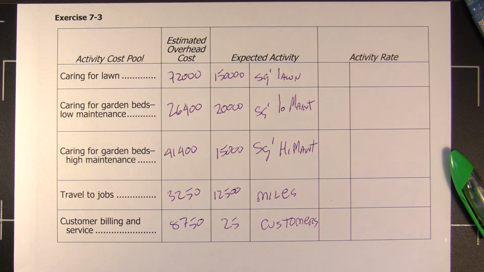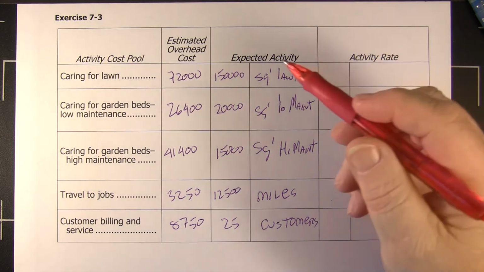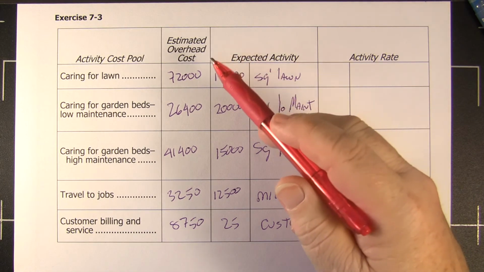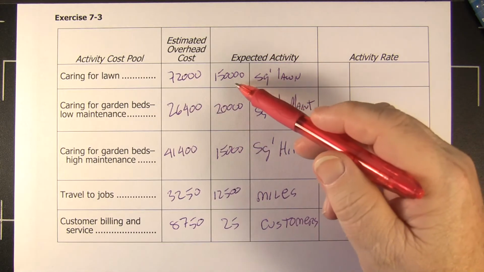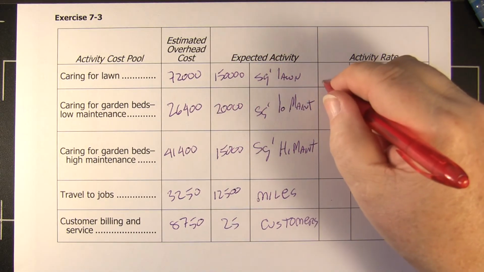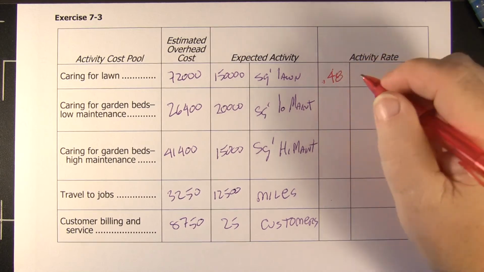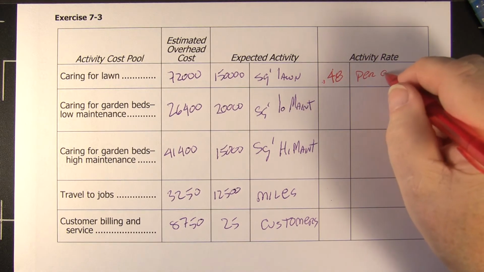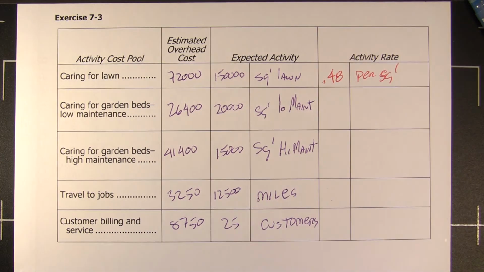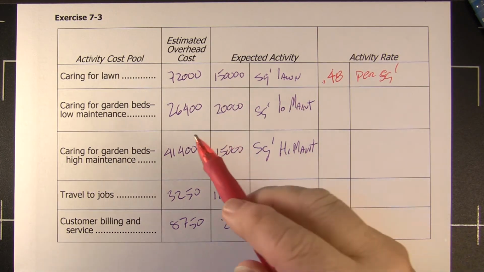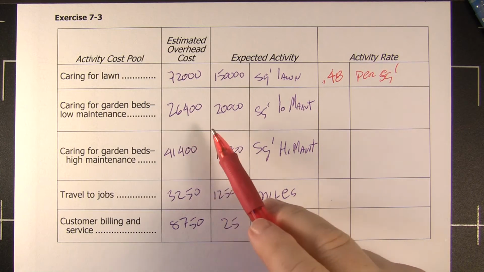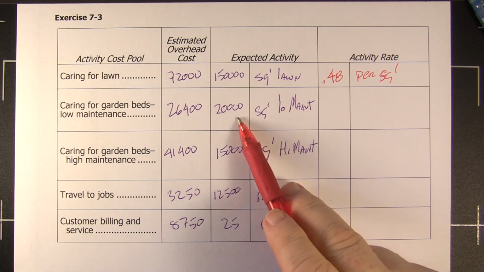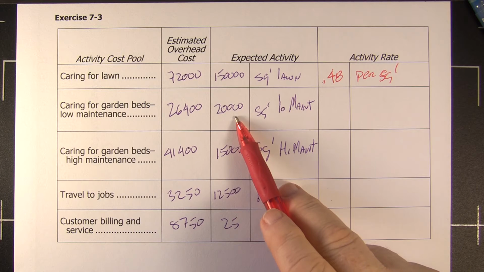So, let's apply this stuff. So, take 72,000, our overhead cost, divide it by 158,000. We come up with 48 cents per square foot. We take 26,400, our overhead cost, divided by our 20,000 square feet activity level.